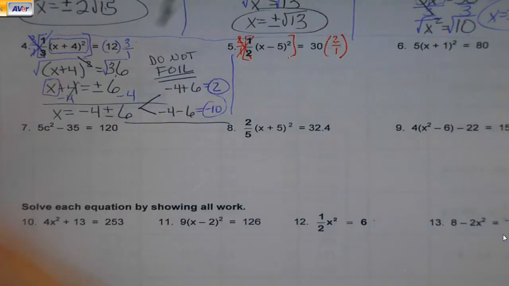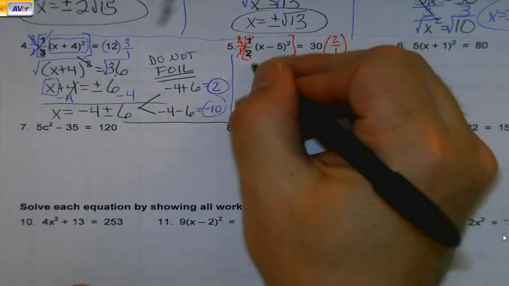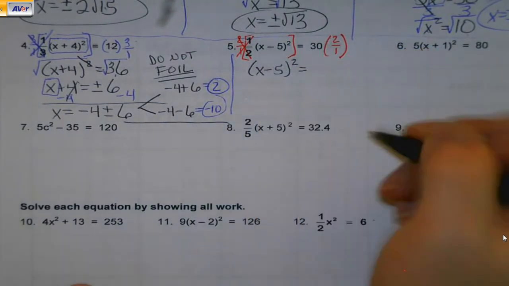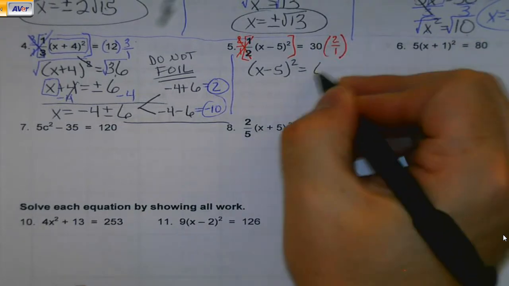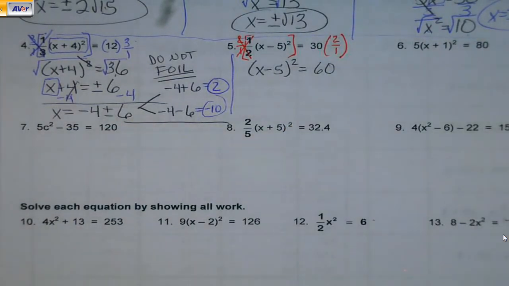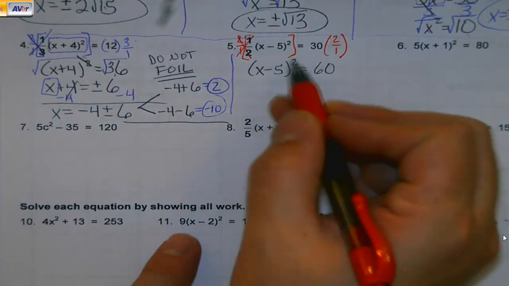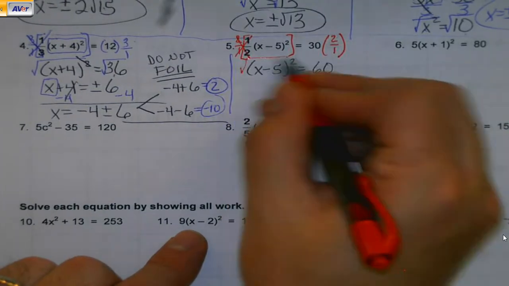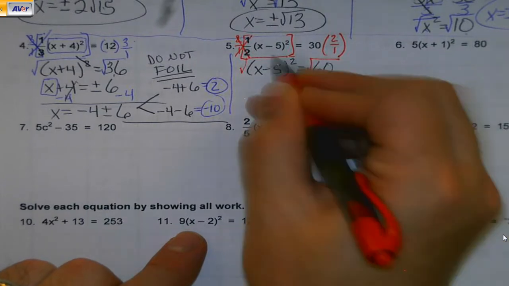Because I want to get rid of that fraction first. And 30 times 2 is 60. Okay, so kind of using number 4 as my guide. I'm like, okay, I don't want to FOIL it. I don't want to distribute. I got to get rid of the squared next. Okay, so I'm going to do my square root.